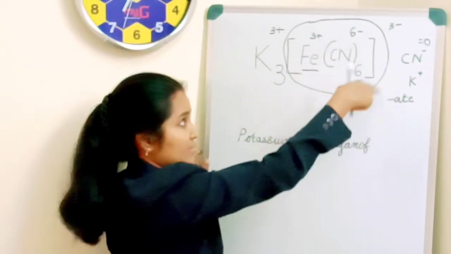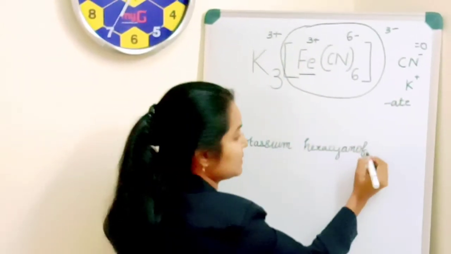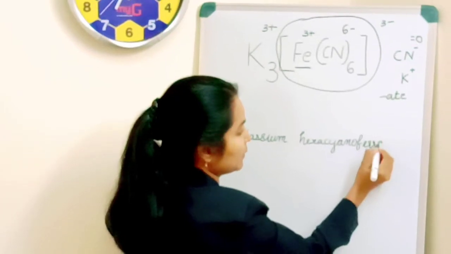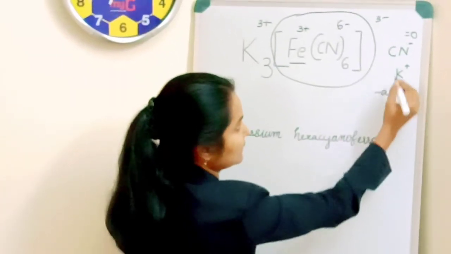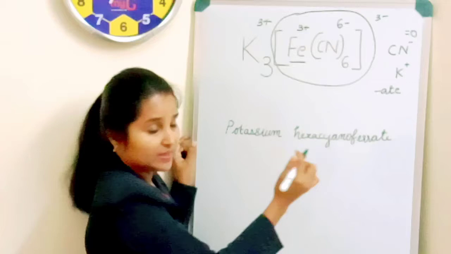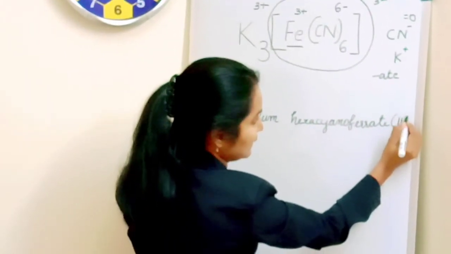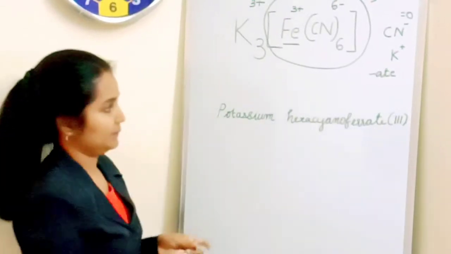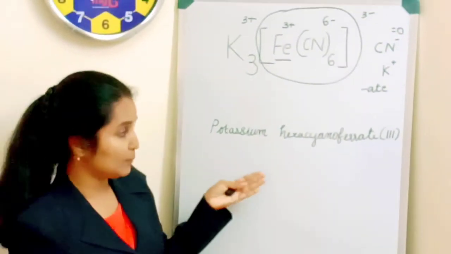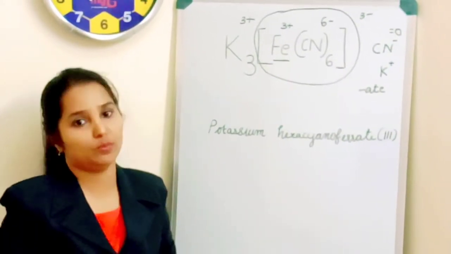Since this coordination entity is negatively charged, ferrate, and its oxidation state is 3, ferrate(III). So that is the name of this particular coordination compound.